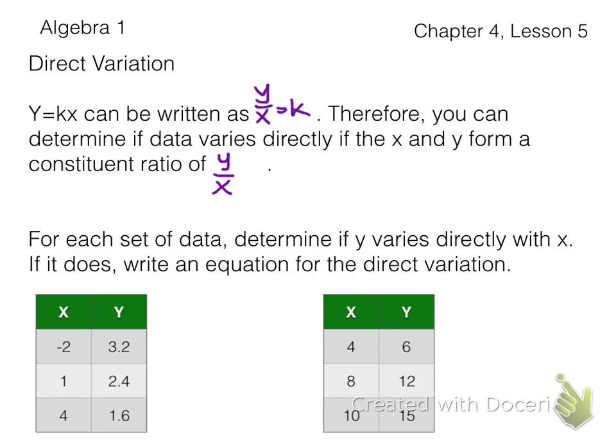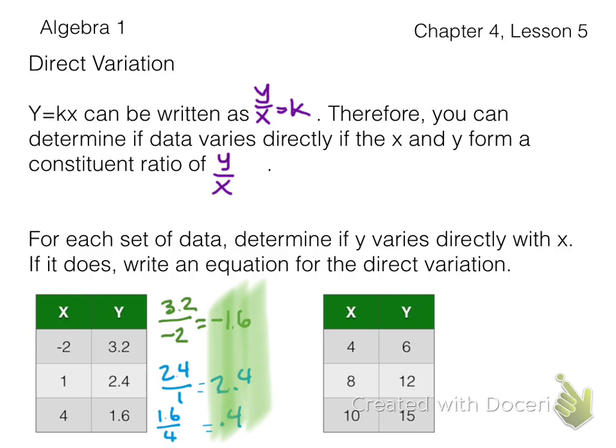So if I were to determine if these tables represent direct variation, I should be able to divide y by x each time and get the same number out because the ratio should be the same. So if I do y divided by x, I'm going to get negative 1.6, then 2.4, and then 0.4. Since these are not the same numbers, this is not a direct variation.